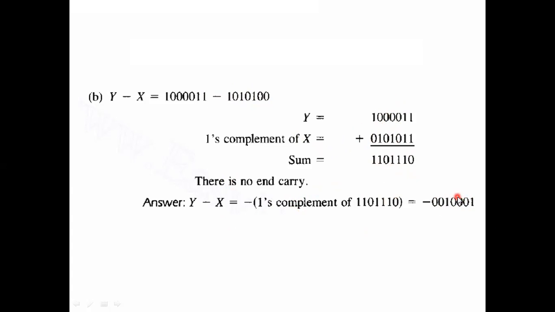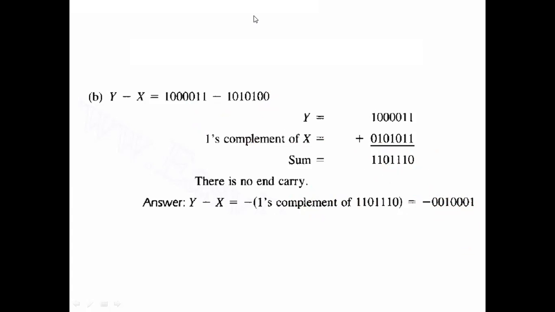Actually what we got from the addition is 1 1 1 0 1 1 0. For this again we do the ones complement, then we get minus 0 0 1 0 0 0 1. That is minus 17. Do you understand? So here 67 minus 84, the result is minus 17.